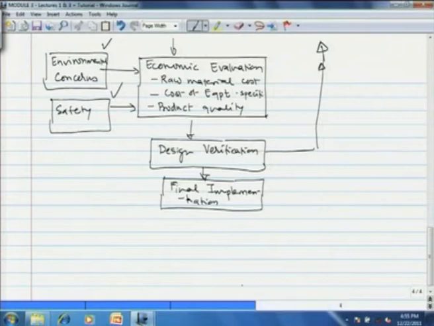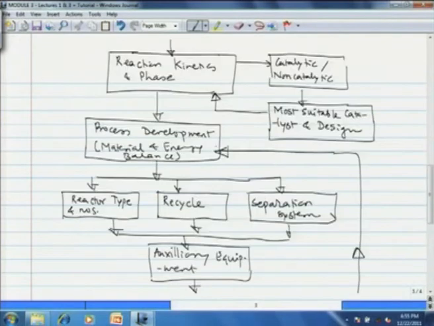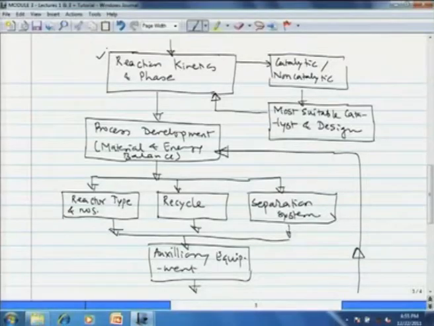And then repeat the whole calculations again, the material energy balance, reactor type and numbers, so on and so forth. However, there is no need to change the chemistry as such, chemistry may remain the same. Okay. So, this is how we go for the reactor design and cost estimation. So, this is a basic algorithm of it.